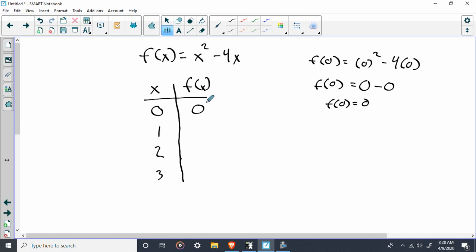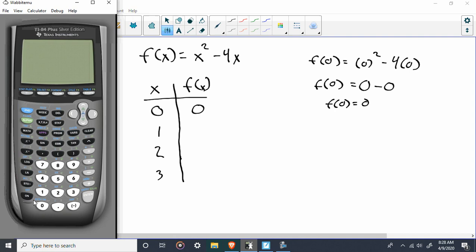Again, can you put that in your calculator? Sure. Look at your calculator. You can't put the f of x part, so don't try and do that. You can only do this part in here. So we're going to say 0 squared minus 4 times 0. Can you put that in your calculator? Absolutely you can, okay?